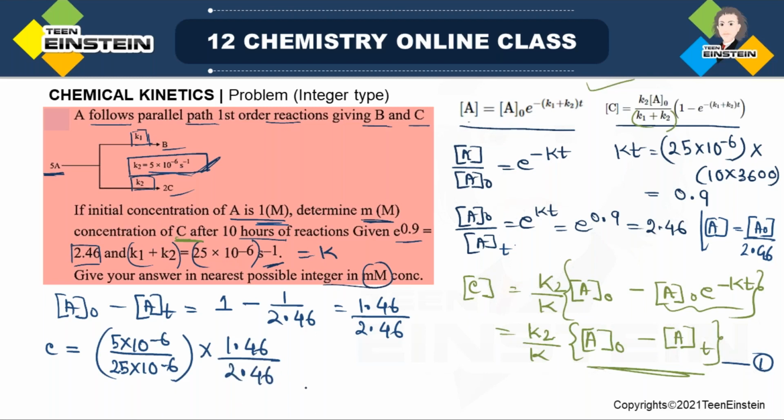But this is not the end of the calculation, because we have to remember that from 5 moles of A you are getting 2 moles of C, right?